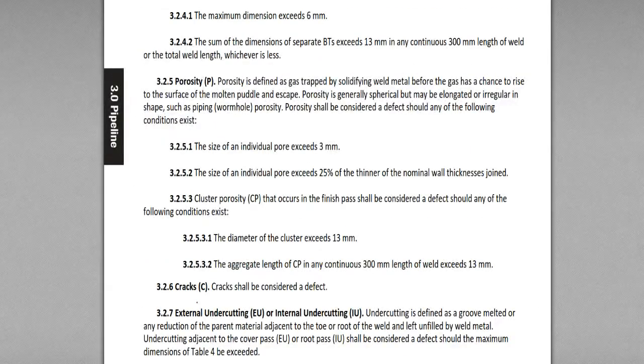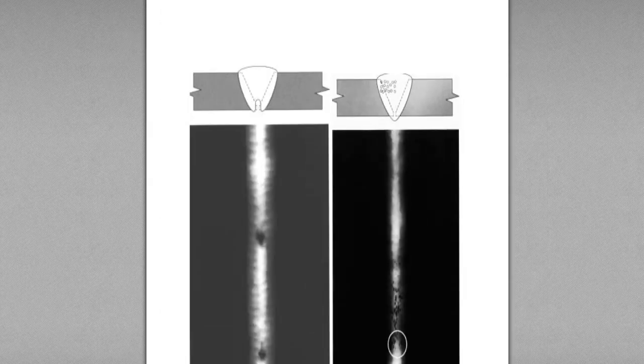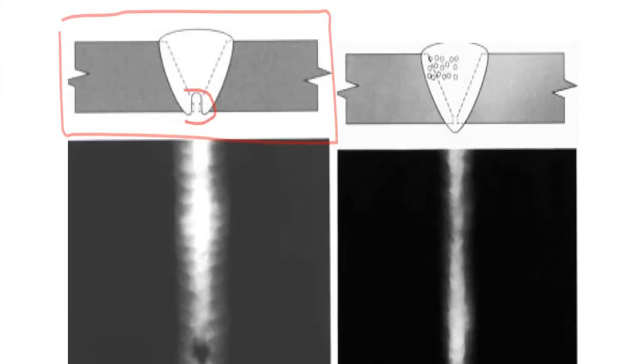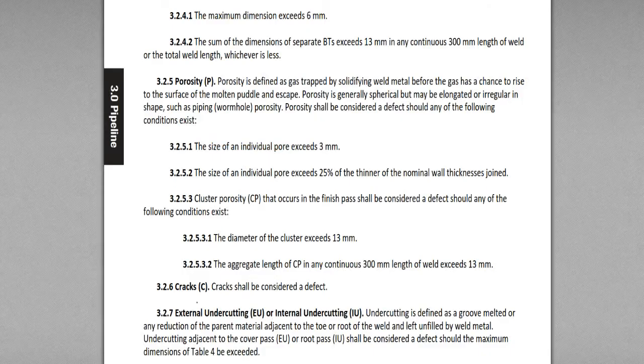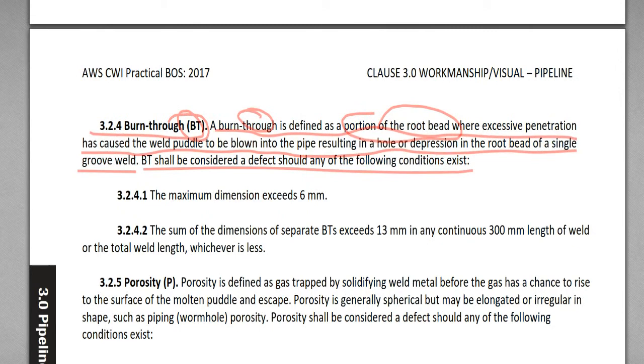Here is no schematic picture, so I'm going to show you the schematic picture of the BT. This is BT. So in the root bead, excessive penetration has caused the weld puddle to blow into the pipe, resulting in a hole.